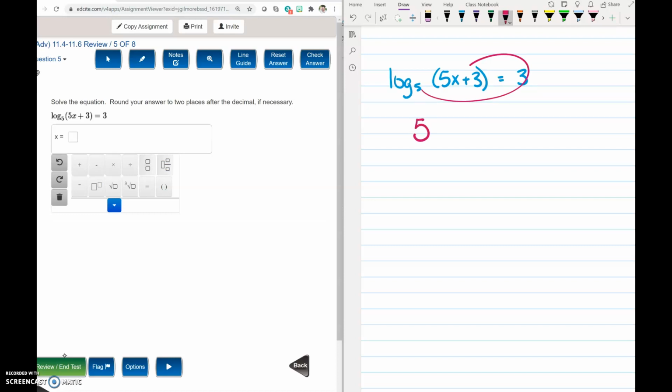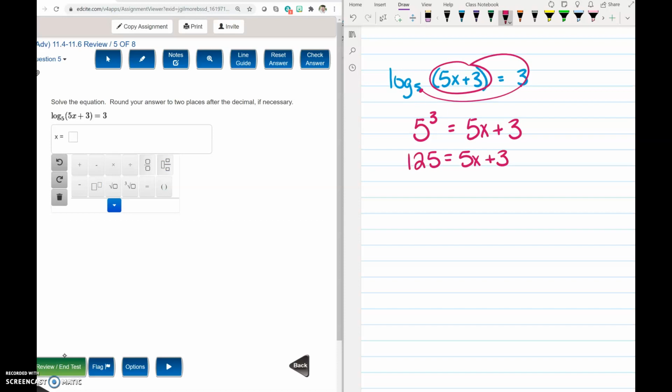This is 5 to the third equals 5x plus 3. So 5 is the first number the log ride touches, then you raise it to the next number, the third, equals all of this stuff at the end. 5 to the third is something that you can do in your calculator. 5 to the third is 125.